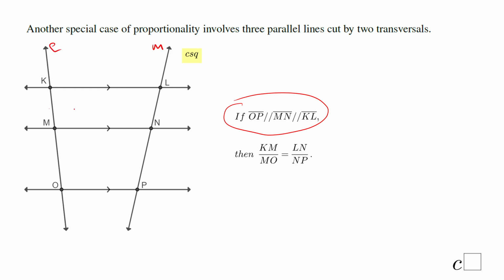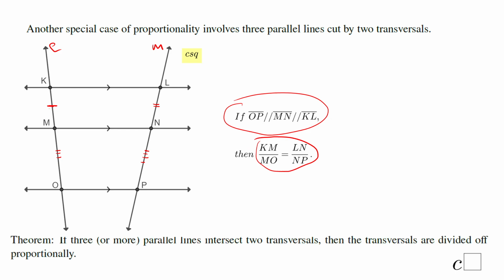You notice we have some pieces here, all these pieces, and I'm going to mark them differently because they are not the same, they follow a proportion. Let's see, KM over MO equals LN over NP, that is the statement that goes.